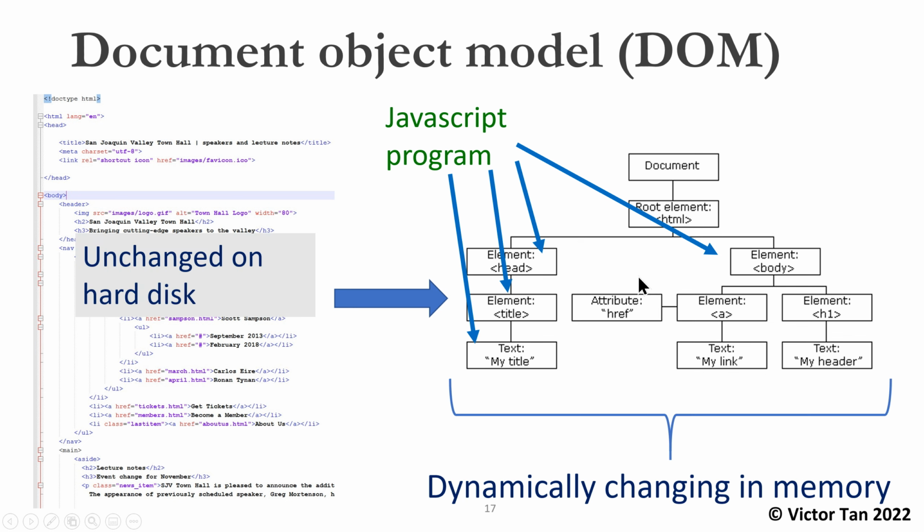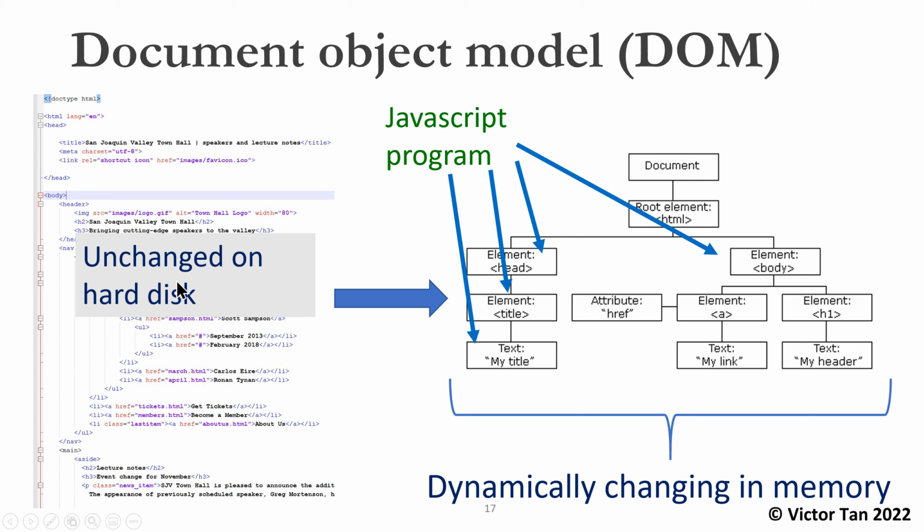So the key point to note here is that when the HTML document is returned from the HTTP request and loaded into your browser, the HTML document itself does not change anymore.